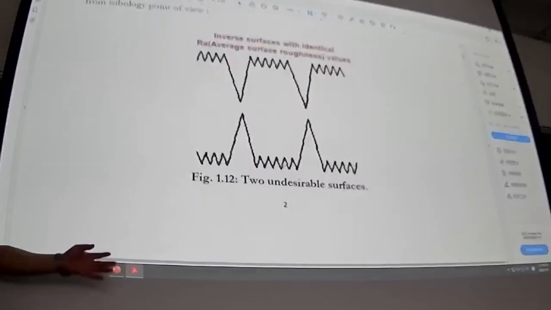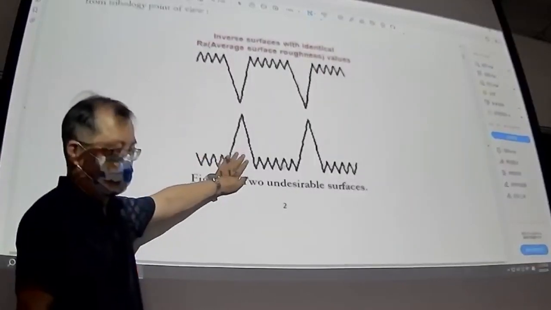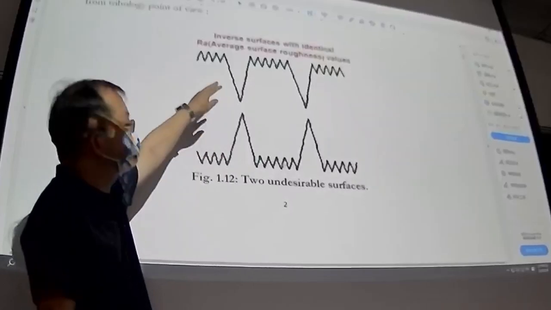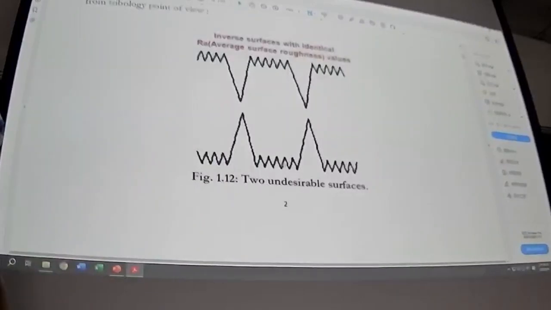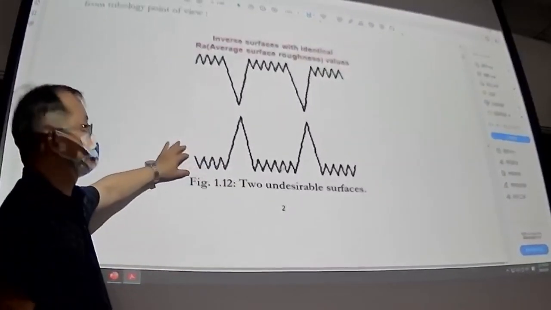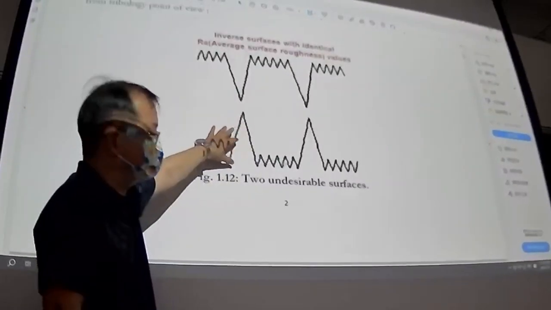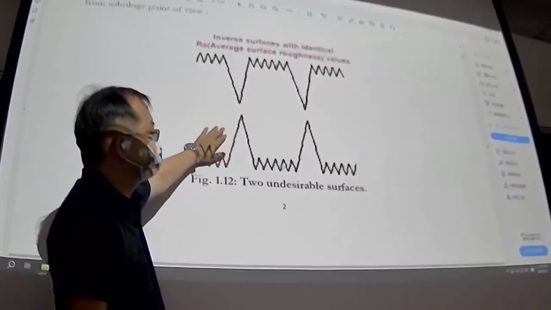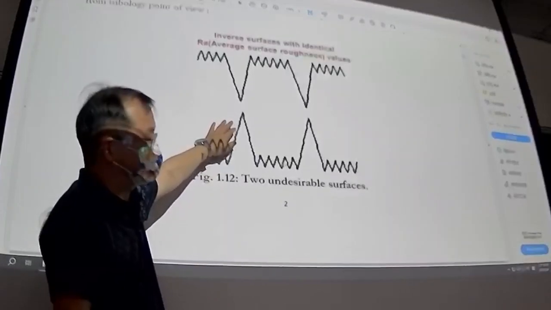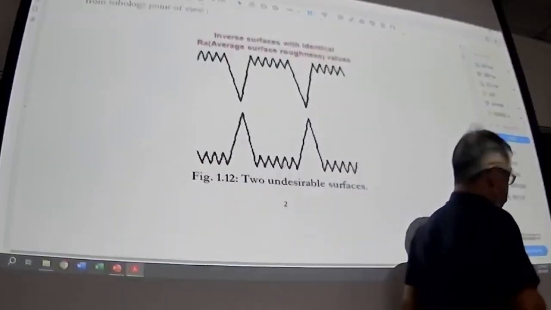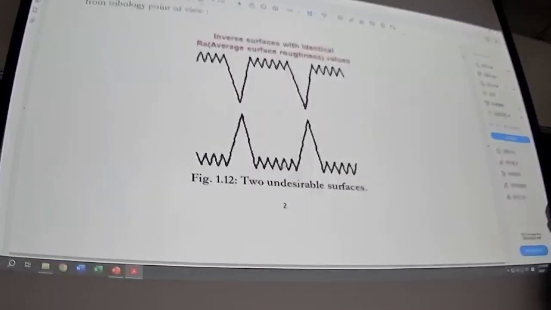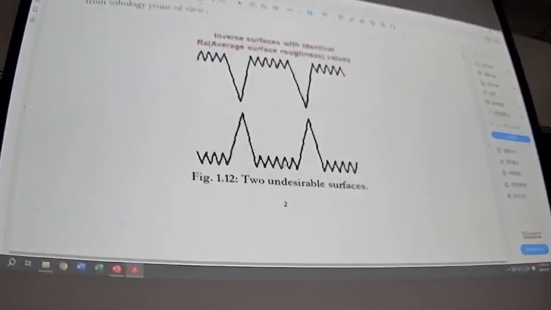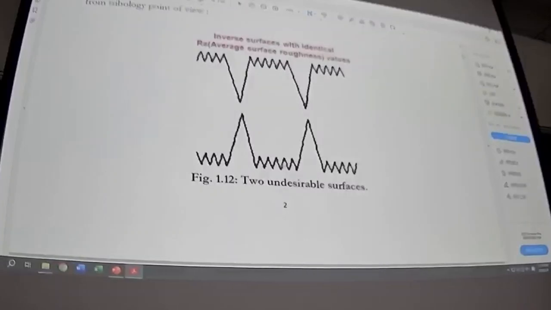So this is a bit exaggerated surface for two contacting surfaces. So you have a very high tip on top of the surface. So this is called the asperity.